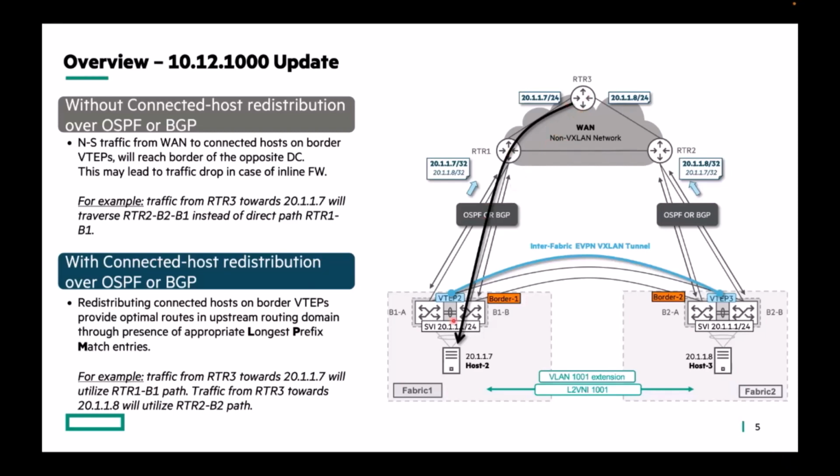It's directly coming back here with this feature. For example, traffic from RTR3 towards 20.1.1.7 will utilize the RTR1 to border 1 path, and traffic from RTR3 towards 20.1.1.8 will utilize the RTR2 to border 2 path. This is what we are going to achieve with this feature.